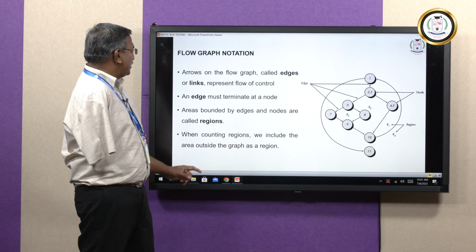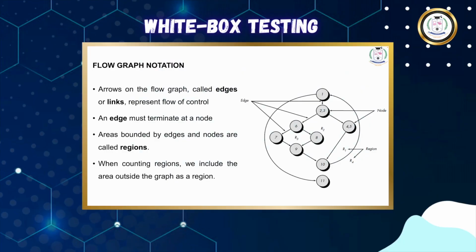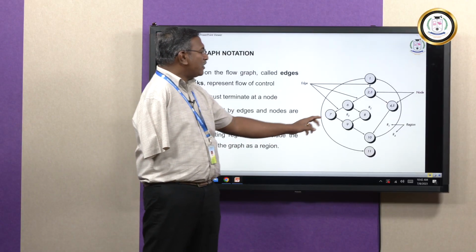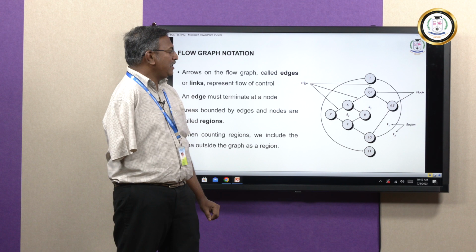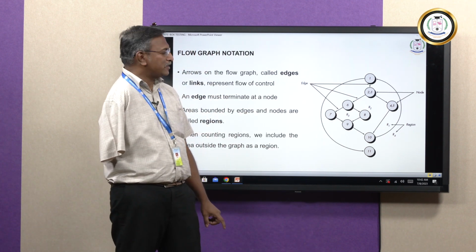Here, a region is the area that is enclosed between the nodes and the edges. If you want to find the number of regions in a particular flow graph, you need to include the region which is outside the flow graph.